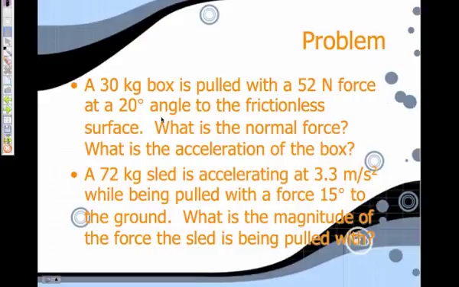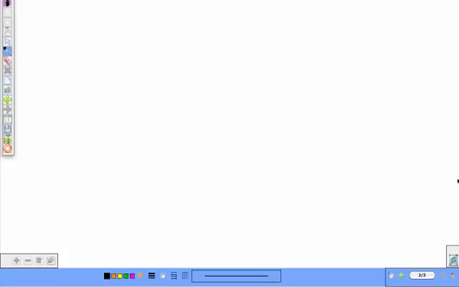Okay, a 30 kilogram box is being pulled with a 52 Newton force at a 20-degree angle to the frictionless surface. What is the normal force and the acceleration? 30, 52, 20.